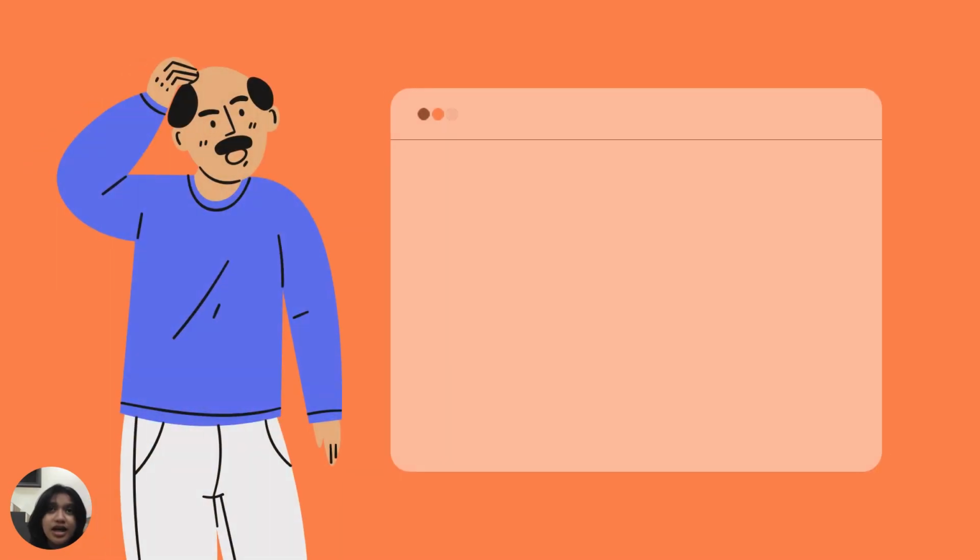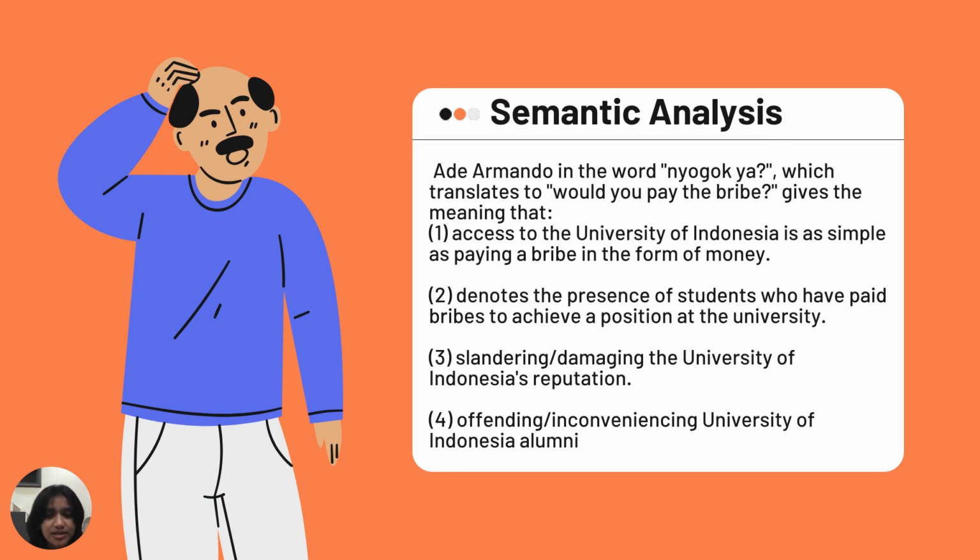So I will give some analysis using semantic analysis. In the phrase "would you pay the bribe", Ade Armando gives the meaning that, first, access to the University of Indonesia is as simple as paying a bribe in the form of money.